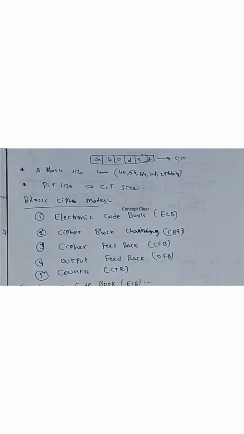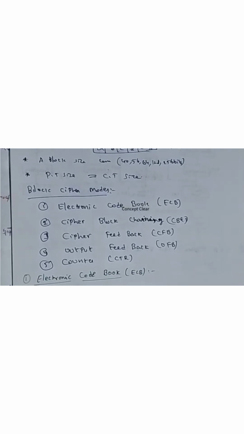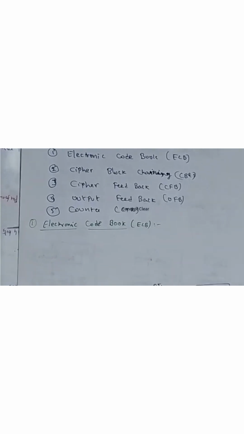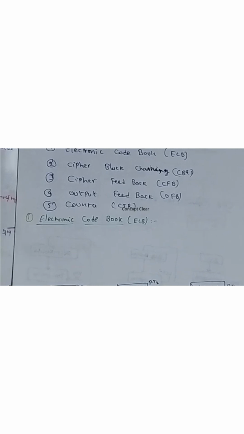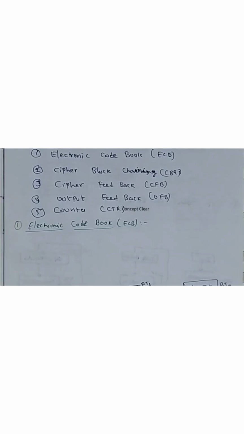The first one is electronic code book. Here, what does electronic code book mean? The plain text is divided into a number of blocks and encrypted with the help of the key, and we get ciphertext.